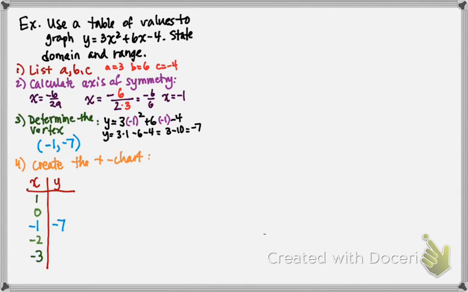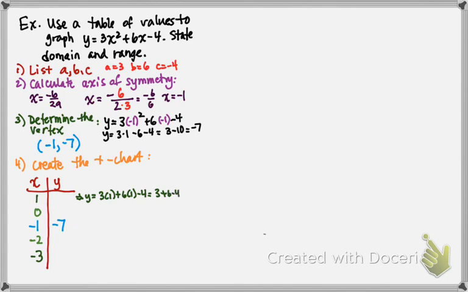Now, we're going to do the math out for each of these so that you can see the evidence. Okay, so let's start with this 1. So we're going to get y equals 3 times 1 plus 6 times 1 minus 4. And that gives me 3 plus 6 minus 4.